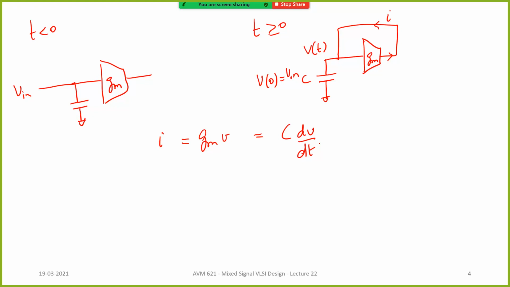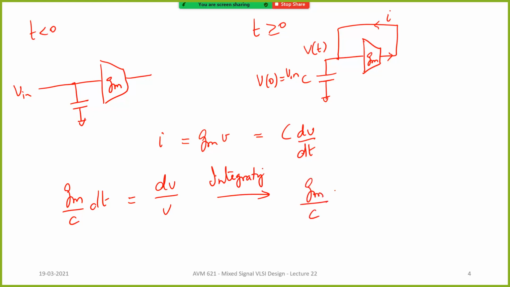Now let us rearrange the terms a little bit. So let's say we have on one side dV by V is equal to Gm by C into dt. Correct? Same equation rewritten. Now let us integrate on both sides. Integrating, what will you get?